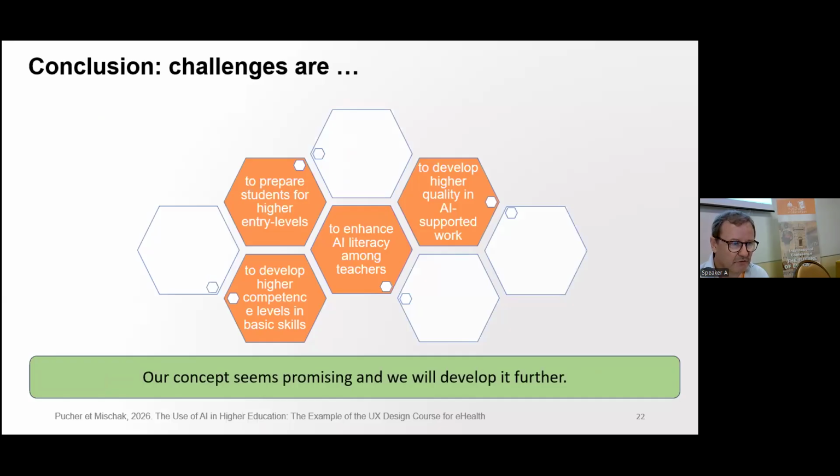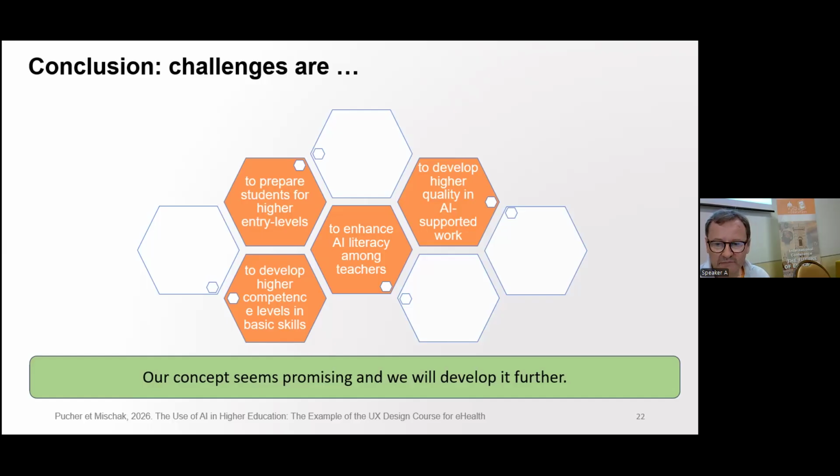So I'm coming to the end, and our conclusion is as follows. Challenges are to prepare students for higher entry levels for their learning. Therefore, when they have to start on a higher level, they have to be prepared for higher competence in their basic skills of the field, and also a higher quality in AI supported work.